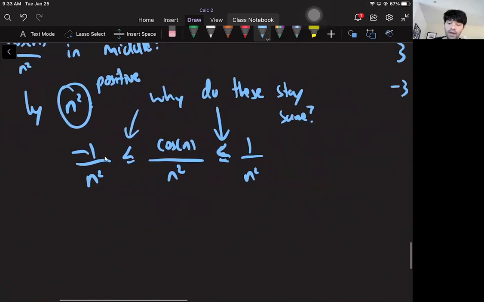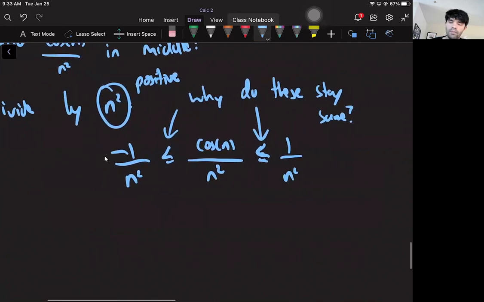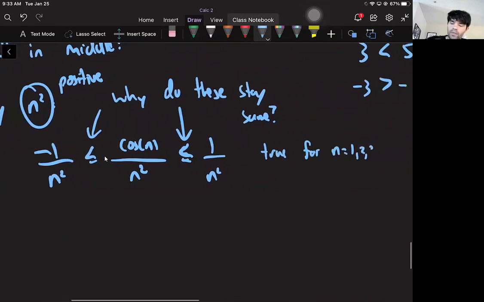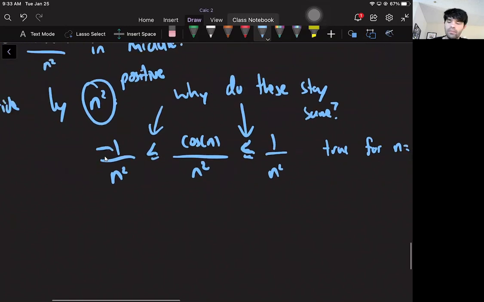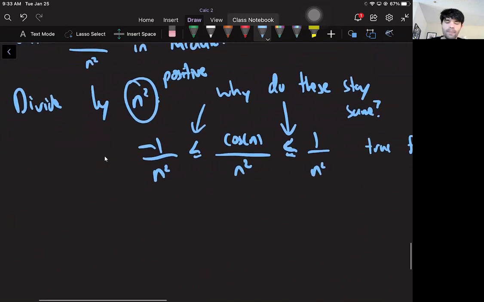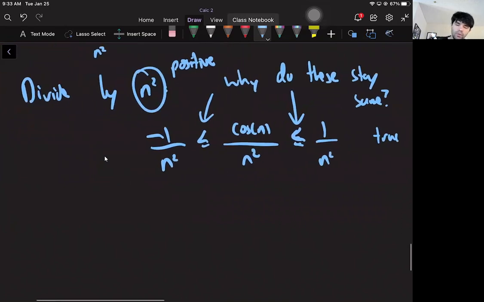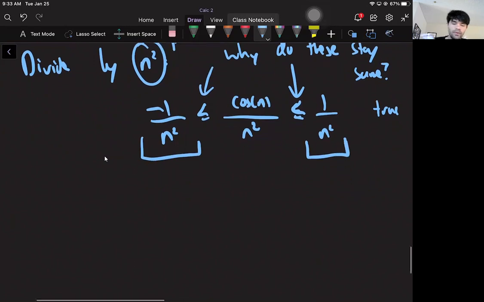Okay, so then once you have this set up, you should also say, like, when is this true for? Well, this is true right away for n starting at 1. But in other problems, it might not be true until later, but it has to be true at some point, and then from that point forward for this to work. Okay, so now that we have this, we just need to say, like, do I know these limits?